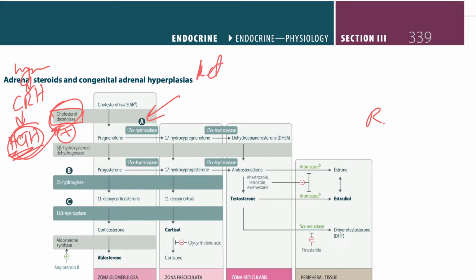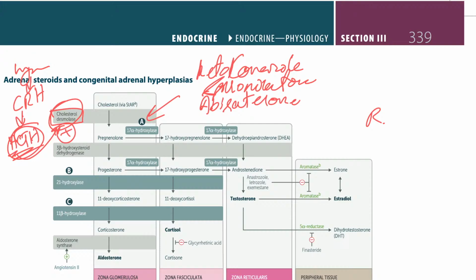So let's just write them: ketoconazole, your spironolactone, and your abiraterone. It's going to inhibit this enzyme, and not only this enzyme, but also your 17,20 lyase.